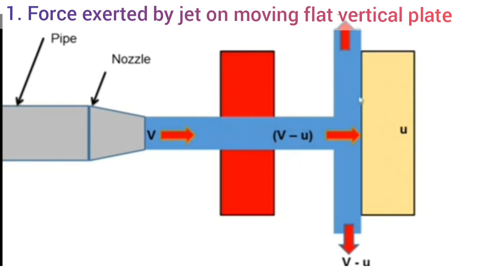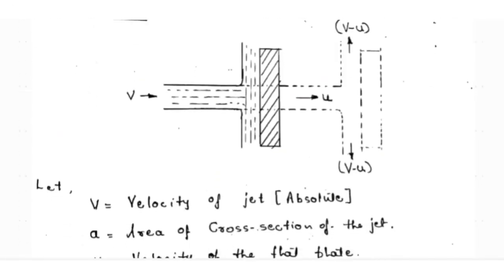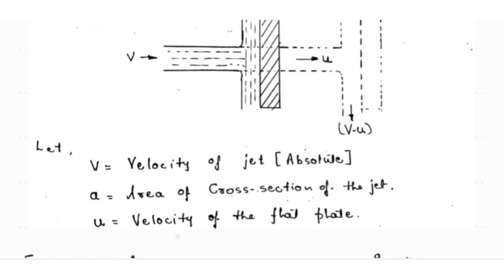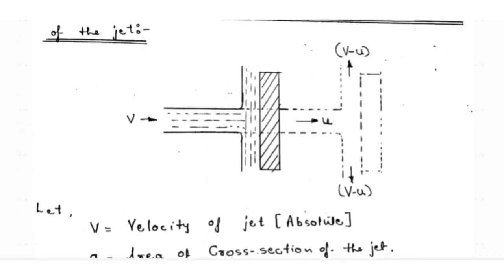We'll move to the derivation. So let v is equal to velocity of jet, that is nothing but absolute velocity. A is equal to area of cross section of jet, that is equal to pi by 4 d square, and let u is equal to velocity of flat plate. As we discussed earlier, this will be the velocity of jet.